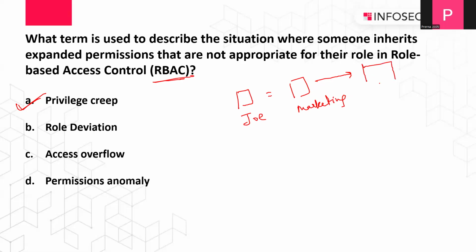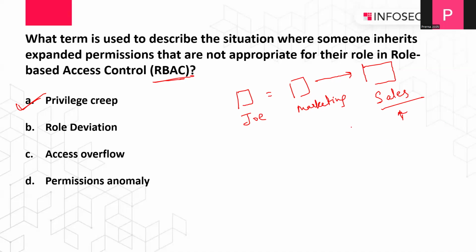So now he went to the sales department for sales purposes, and he has all the roles and permissions he needs in the sales department. But once he reached the sales department, he has the roles of the sales department as well as his previous roles.